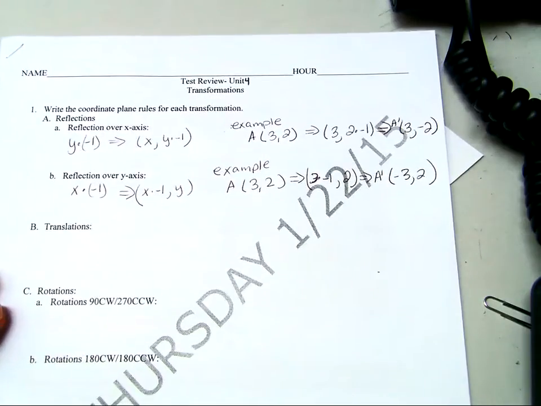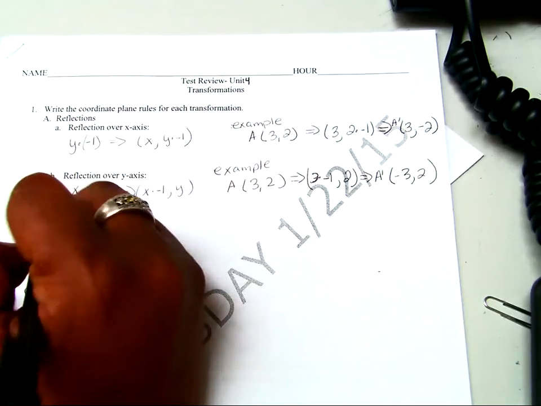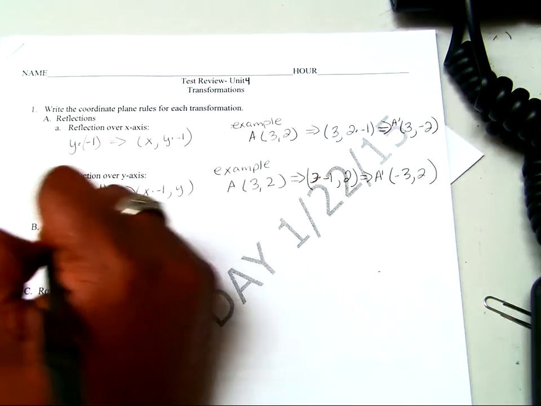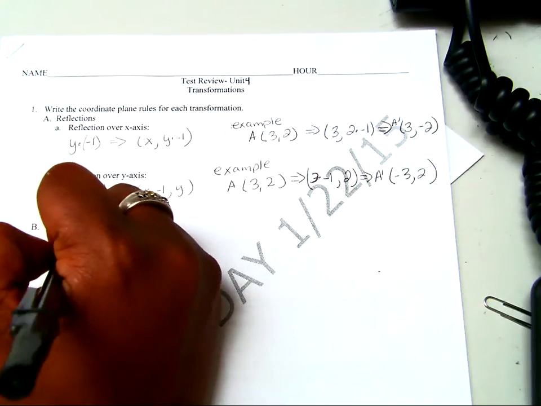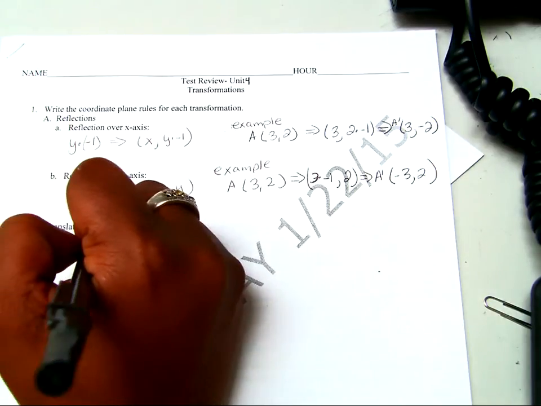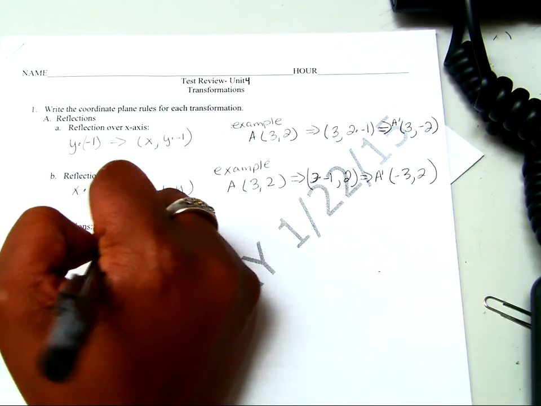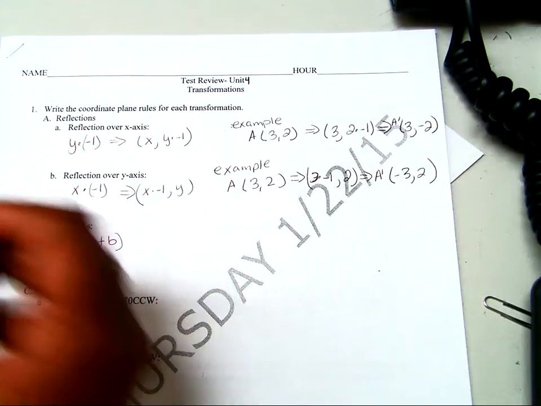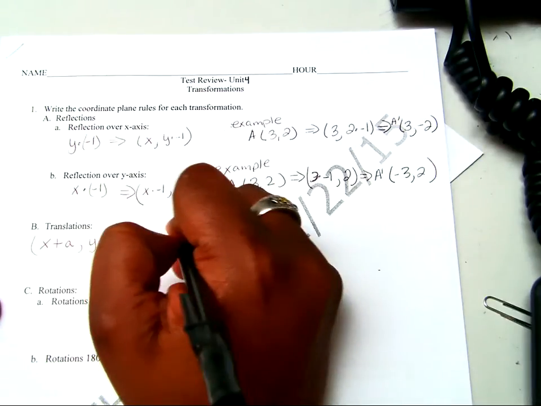Translations. The rule is (x plus a, y plus b). Okay. An example.